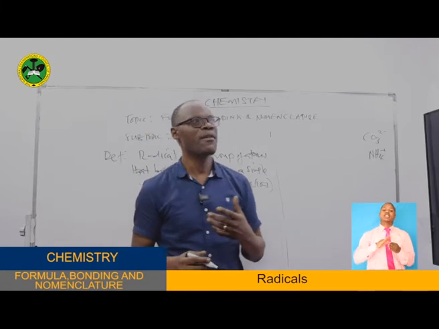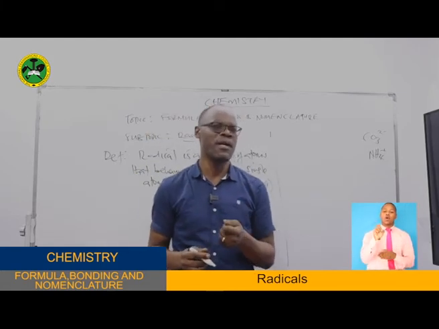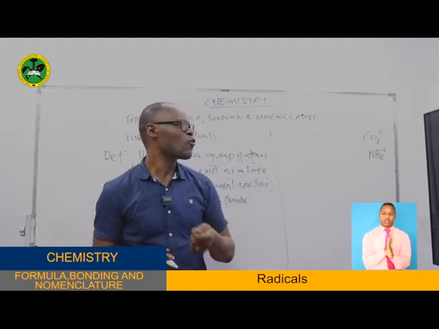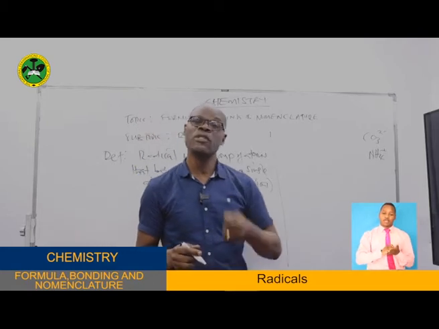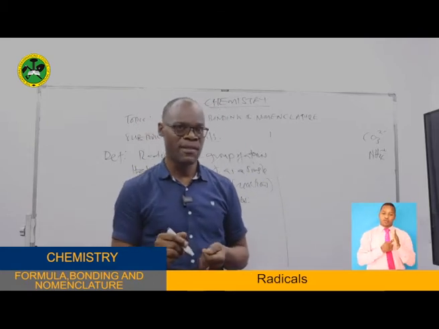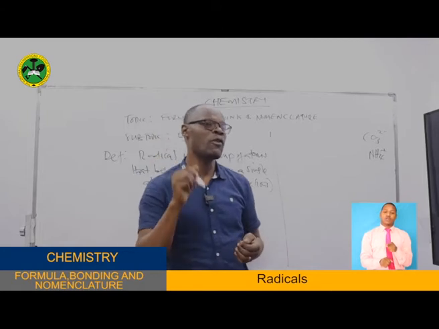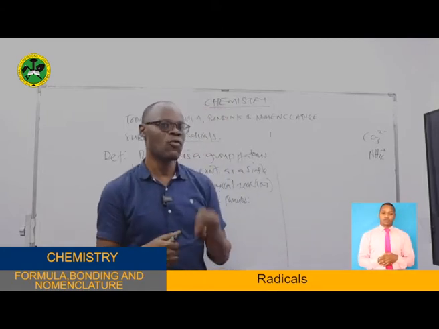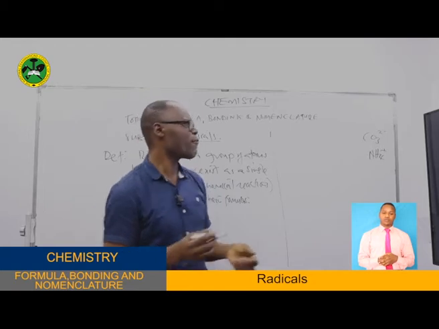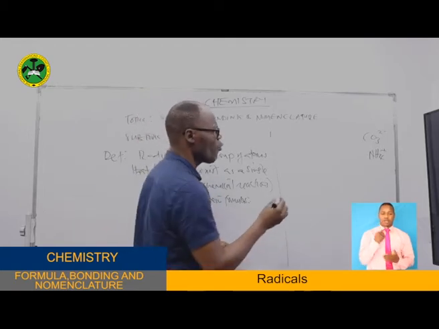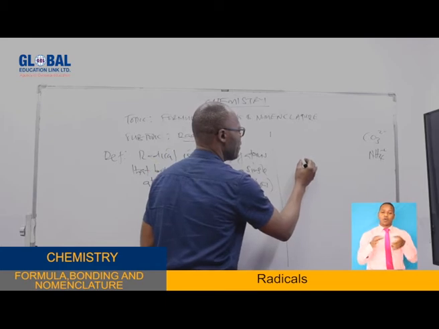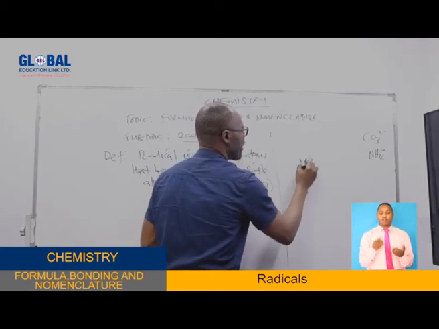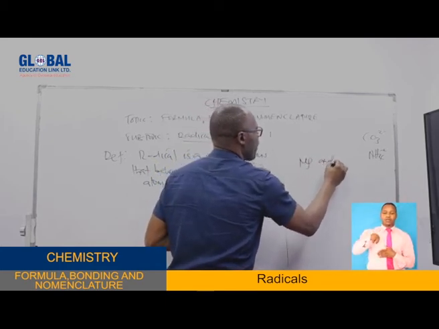Now, remember when we said that for us to write a chemical formula, we must know the oxidation state of a particular species. So if you know the oxidation state of a particular species, then automatically you can combine a number of them to give us a good formula. Let's say, for example, you want to combine magnesium and a carbonate.